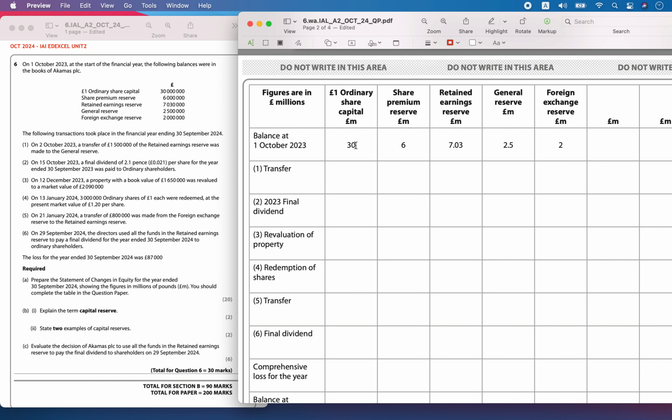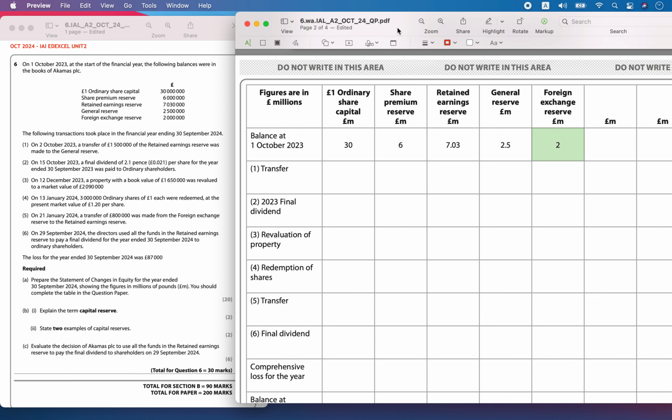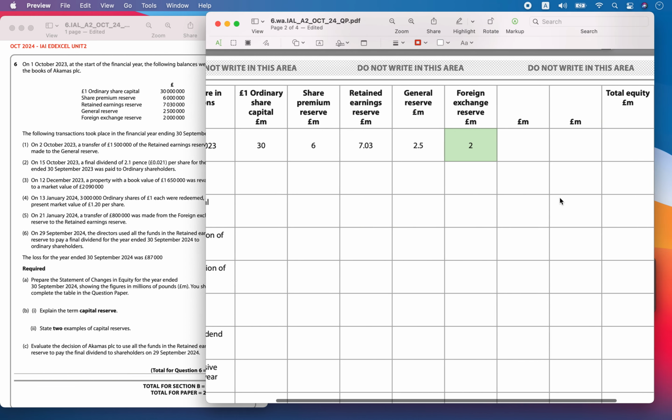I'm going to write everything in terms of millions. Then share premium reserve was 6 million, retained earnings reserve was 7.03, general reserve was 2.5, and foreign exchange reserve was 2 million.